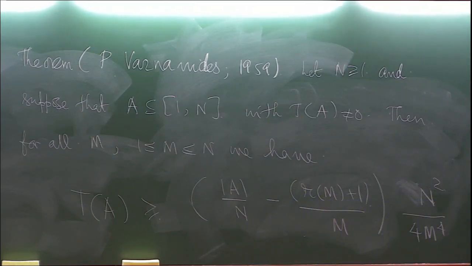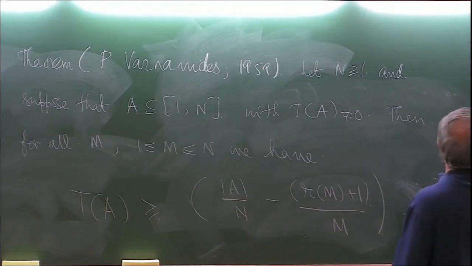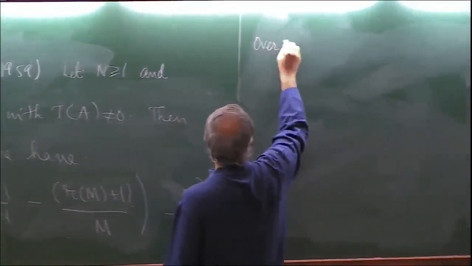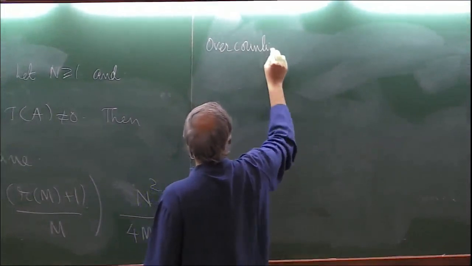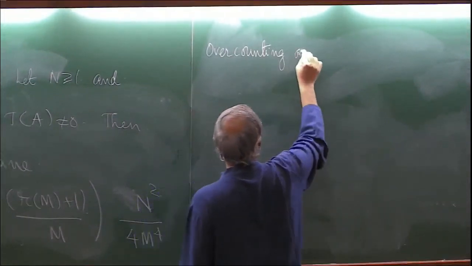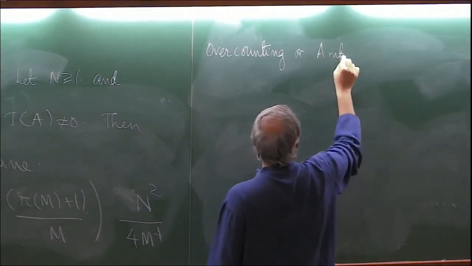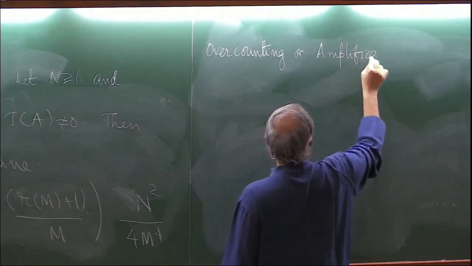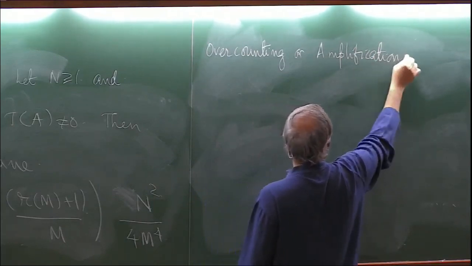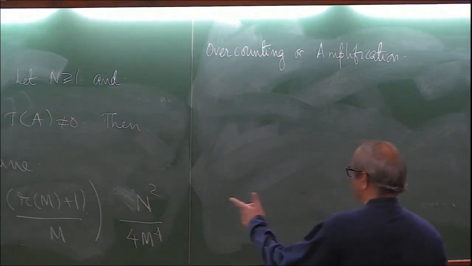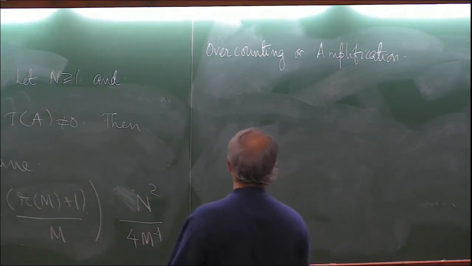So we'll leave this theorem here, and I'll now deal with the first principle, which is overcounting or amplification. This is a simple combinatorial principle, and we will use it in this context.